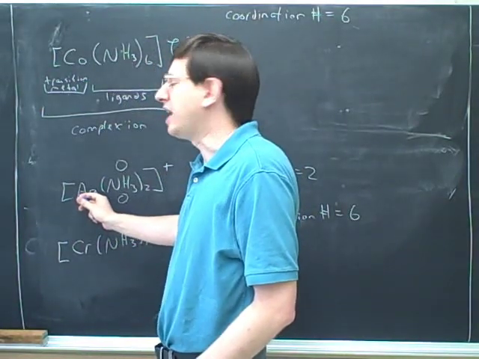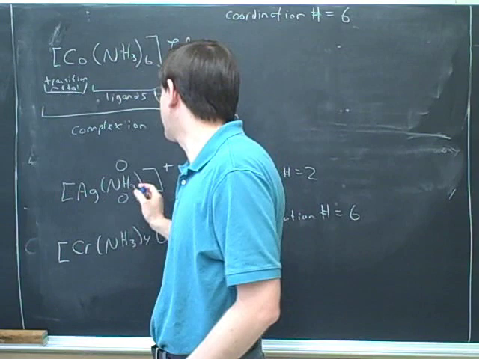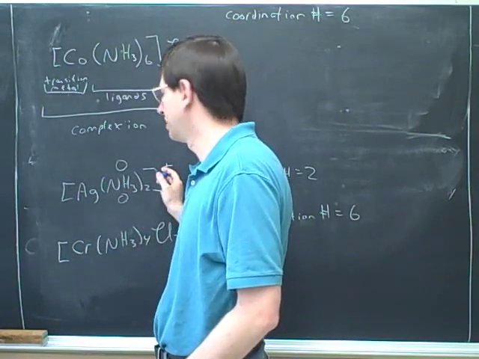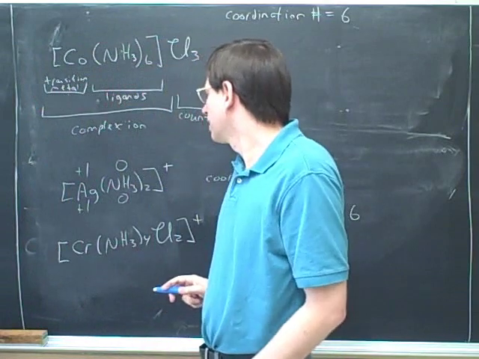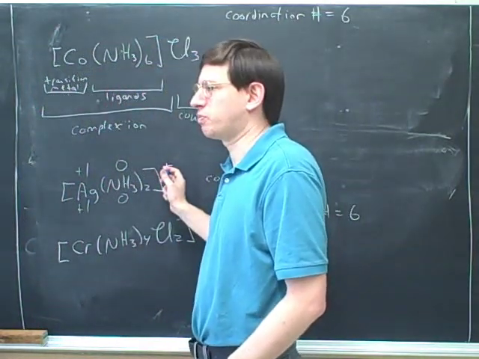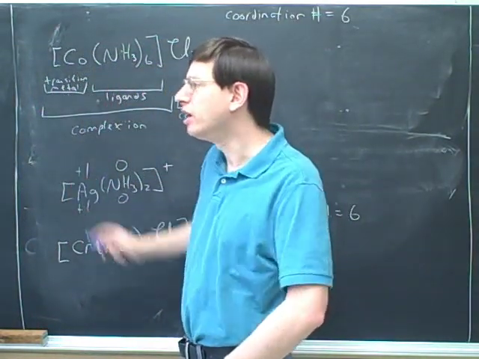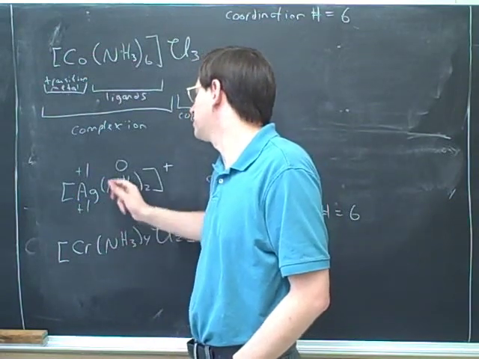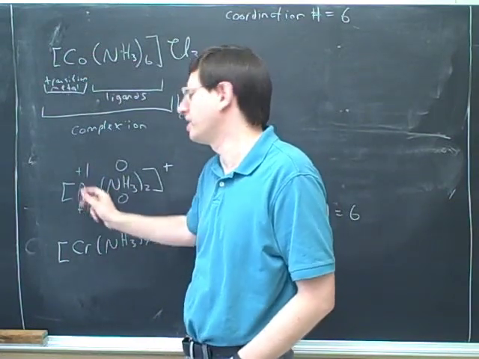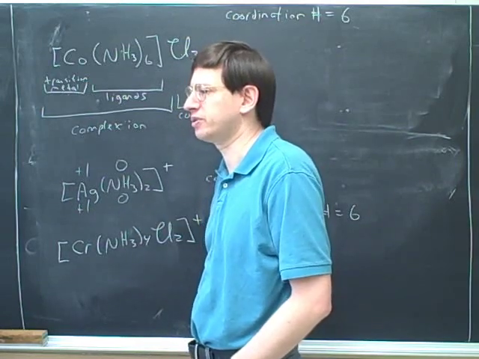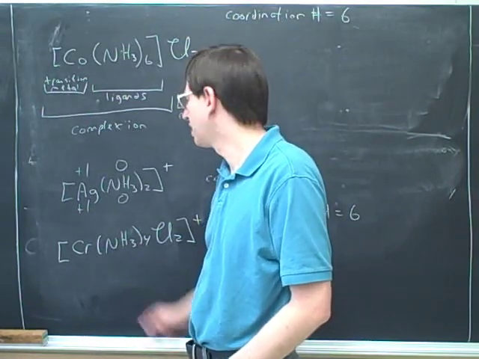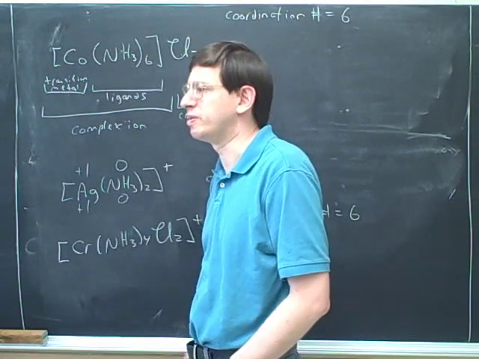In this case, we were told that the charge of the complex was +1. In order for the whole complex to have a +1 charge, the silver has to have +1. So you should just have memorized that ammonia is just a neutral molecule that is coordinated here to the silver. So that has 0 oxidation number. So here the oxidation number on the silver would be +1.